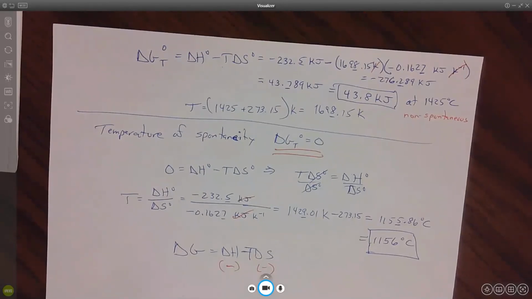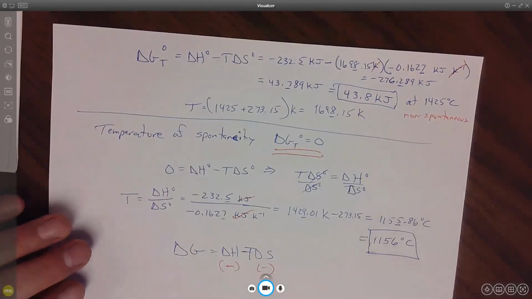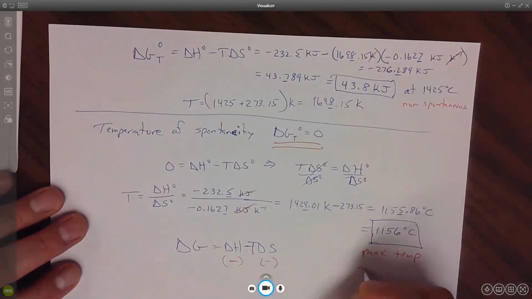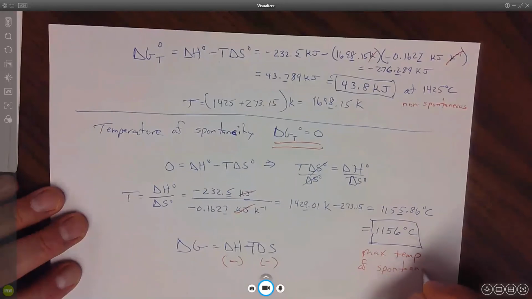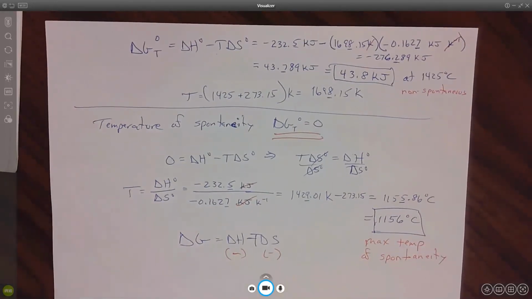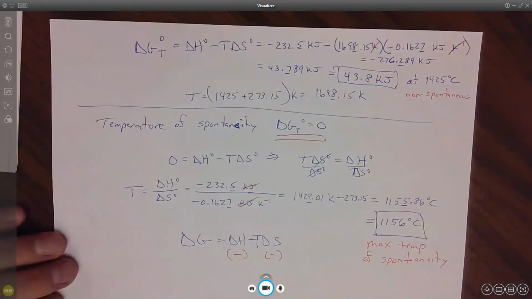Spontaneous at low, so is this the min or max? That is going to be our maximum temperature of spontaneity. Okay, any questions about that?